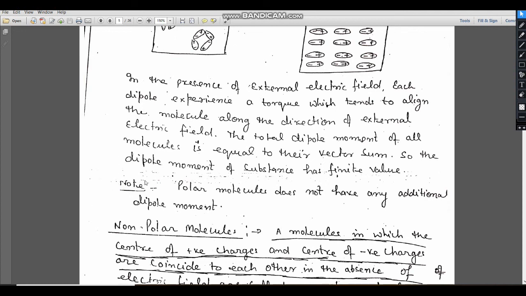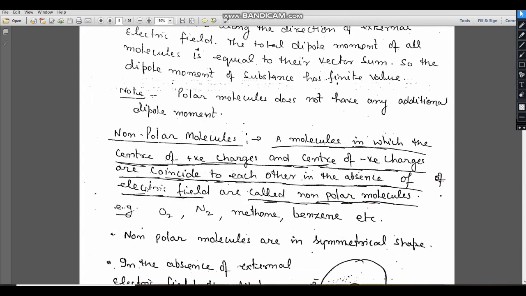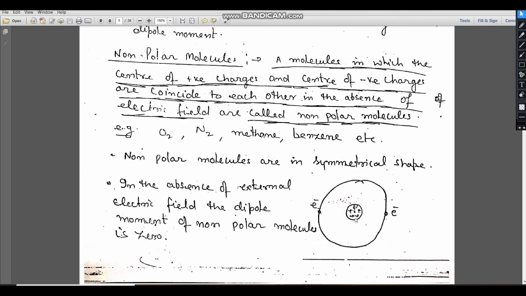Next, non-polar molecules, which are just opposite to polar molecules. Here the center of positive charge and the center of negative charge coincide with each other: the positive nucleus and the negatively charged electron revolving around it have coinciding centers.